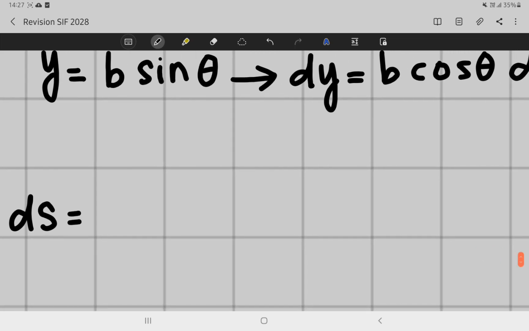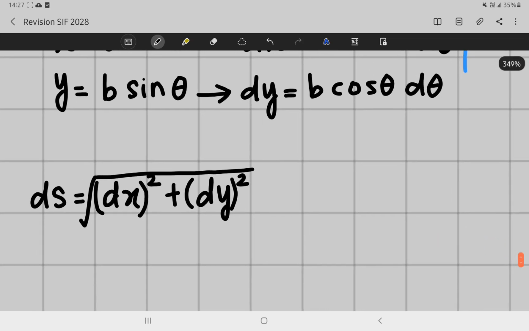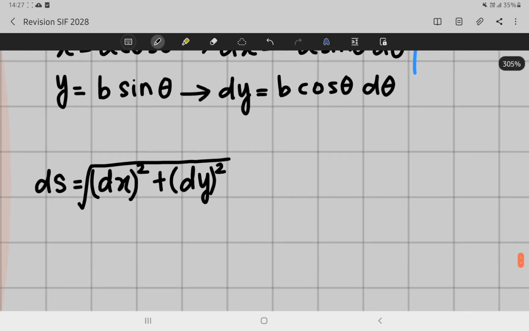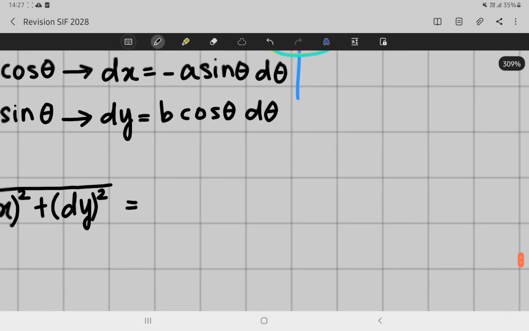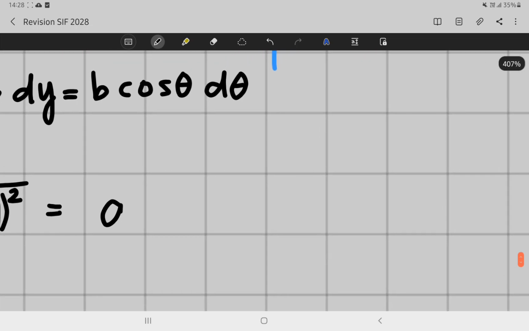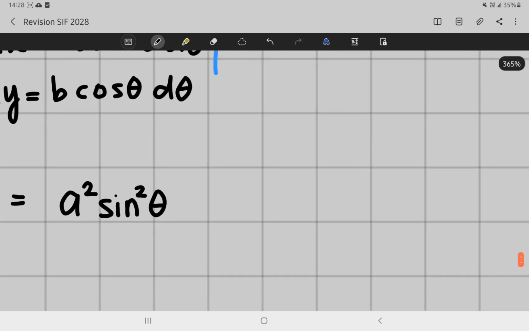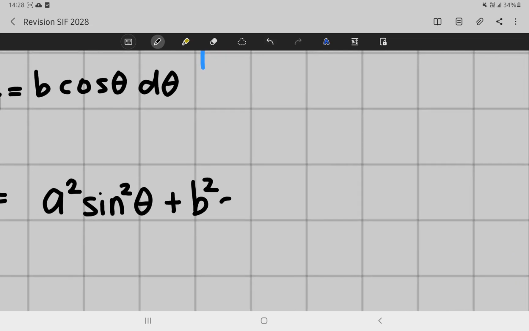This is actually the Pythagorean theorem. Substituting in, dx is minus a sine theta d theta, so squared it becomes a squared sine squared theta d theta squared, plus dy squared, which is b squared cosine squared theta d theta squared, all under the square root.